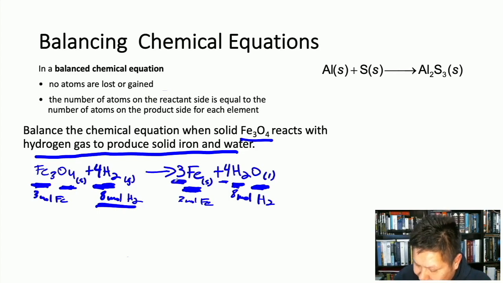So our finished chemical equation then balanced is Fe3O4 solid plus 4H2 gas makes 3 Fe solid and 4 waters liquid. Pretty easy. All right, let's do another example.